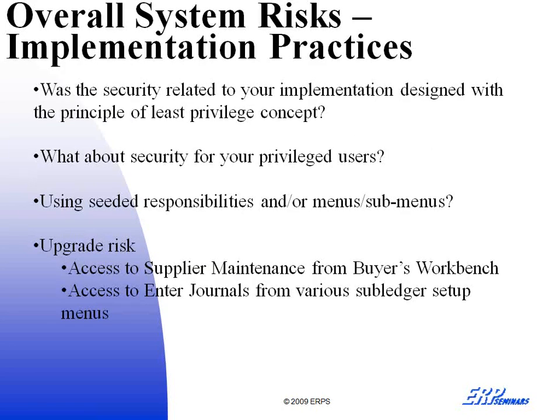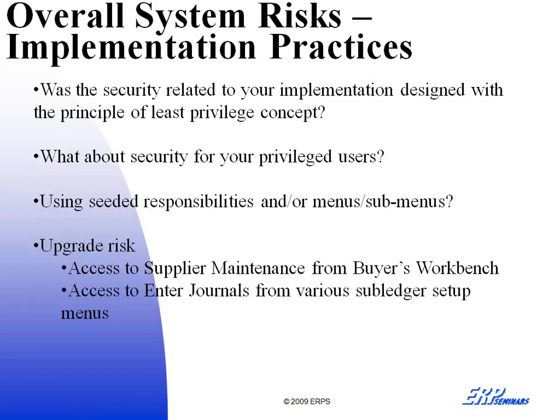And the last thing I'm going to talk about is just briefly implementation practices. Without going into a tremendous amount of detail, a lot of times the way security is developed is starting from a principle of great privilege. So you start with a super user menu or a very powerful menu, and what gets excluded is what is perceived as not being needed.